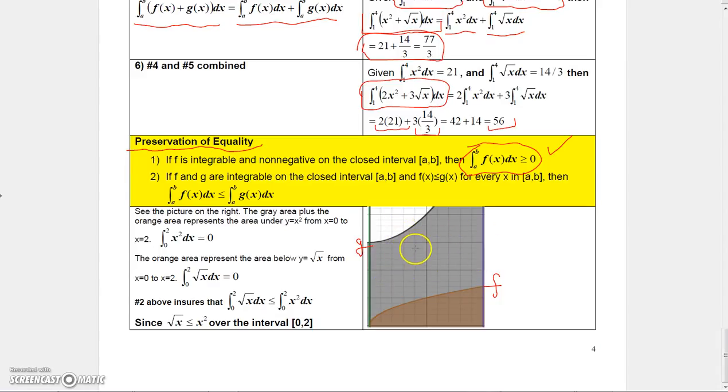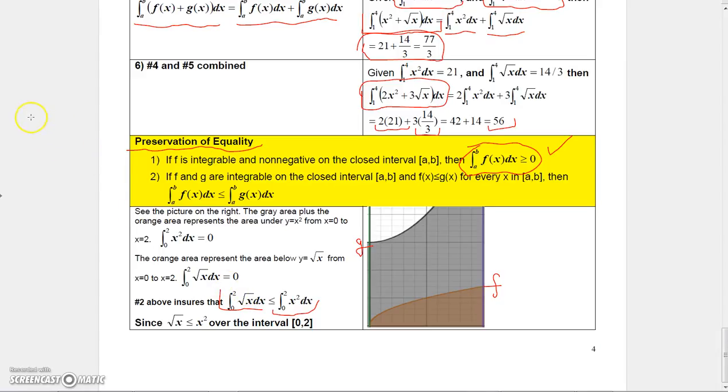So in other words, since this brown area is less than or equal to the total area under g, then the integral which represents that brown area must be less than or equal to the integral of the gray area. And when I say gray area, I'm talking about the area that goes all the way down to the x-axis. So in other words, since square root of x is less than or equal to x squared over the interval 0 to 2, then we're guaranteed that their integrals will have the same relationship.